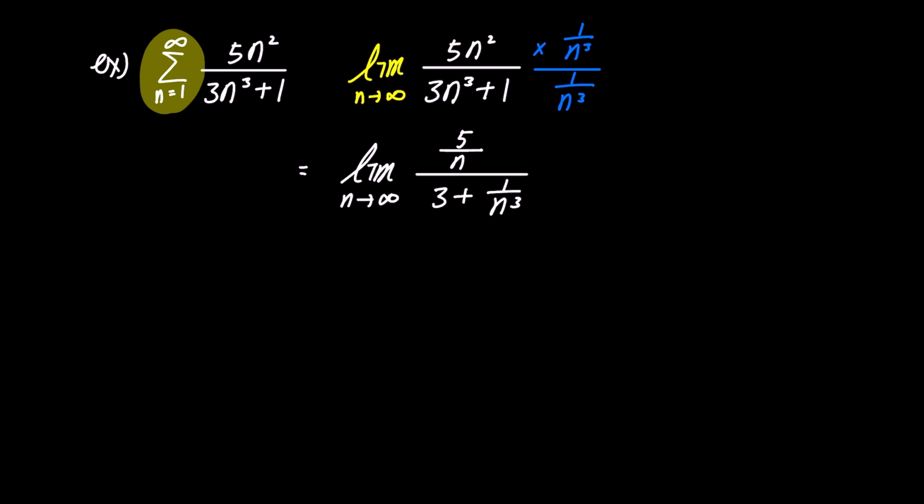As n tends to infinity, both the 5/n in the numerator and the 1/n^3 in the denominator go to 0. Ultimately, this limit becomes 0/3, resulting in a value of 0.